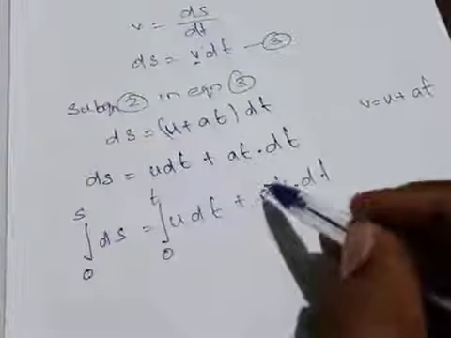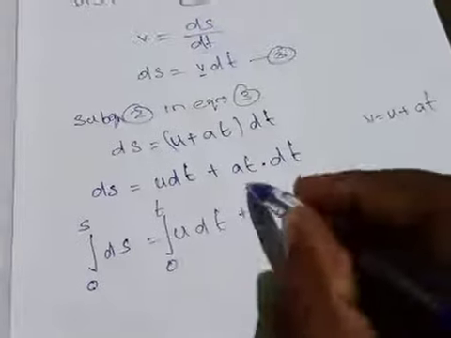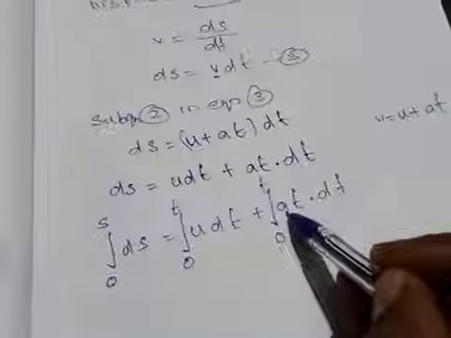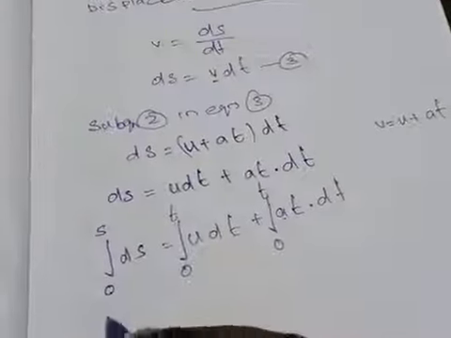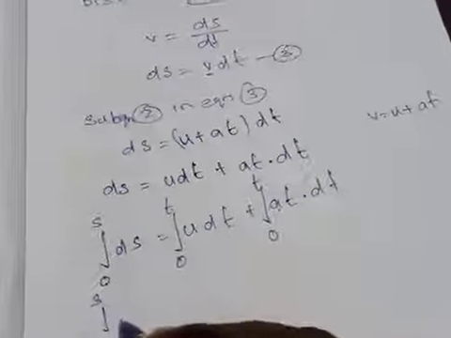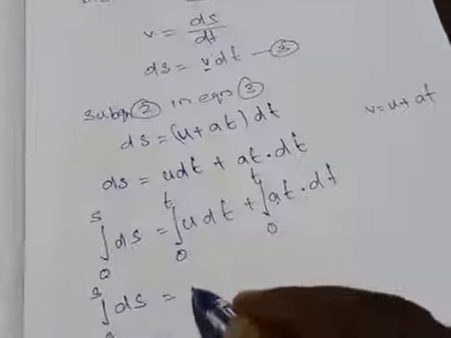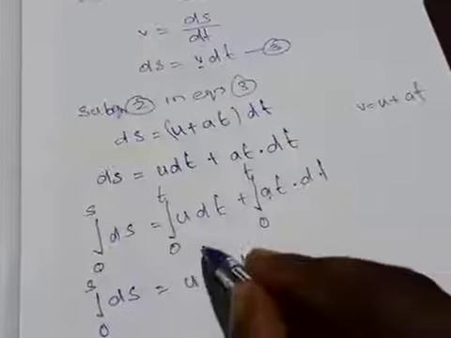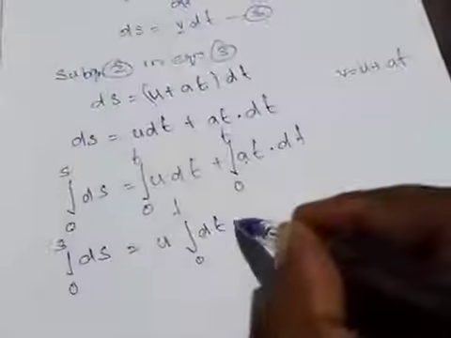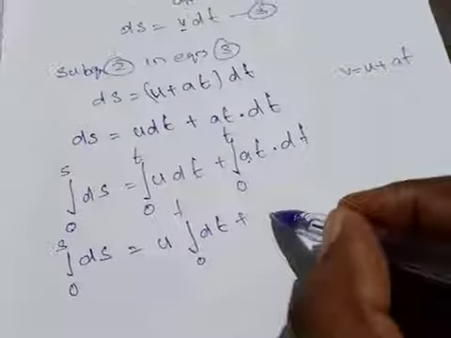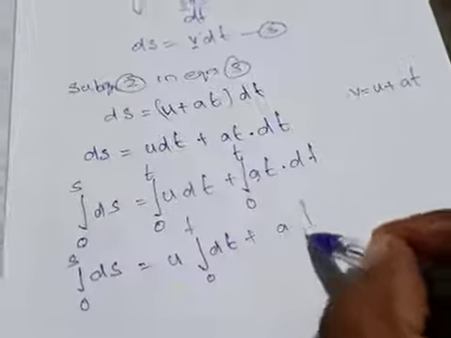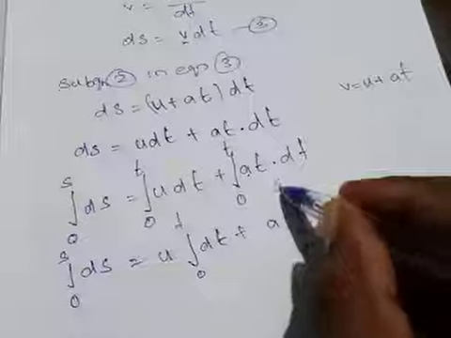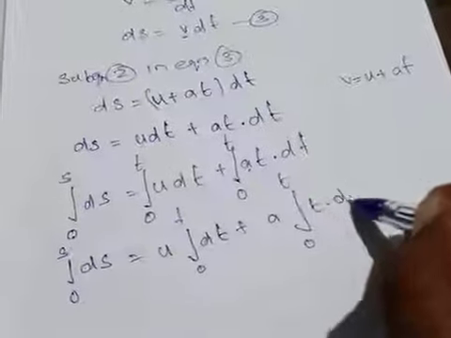Here only t is integrating, so put the 0 to t limit again. a is constant. Next step, take the constants outside. u is constant, taken outside, so no need to integrate that. Plus here a is constant, taking outside, no need to integrate. t dt.